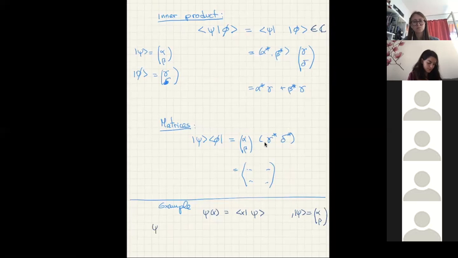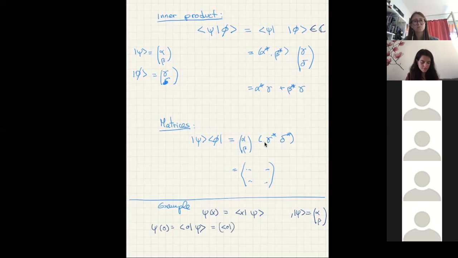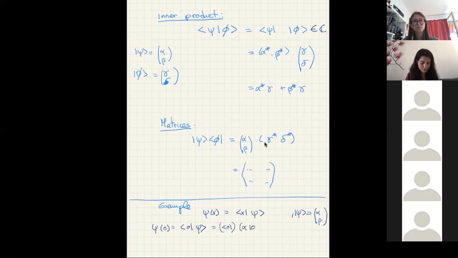So psi of 0 is going to be ⟨0|psi⟩. Now there's two ways of doing this. One is to stay in Dirac notation. The other one is to go to the vector notation. So let's do first in Dirac notation. So this will be ⟨0|, and here we can write alpha |0⟩ plus beta |1⟩.